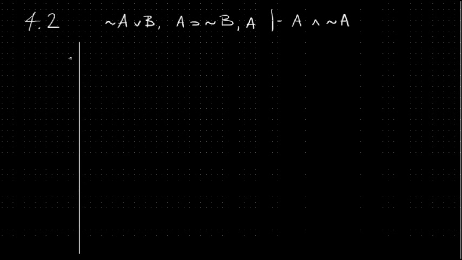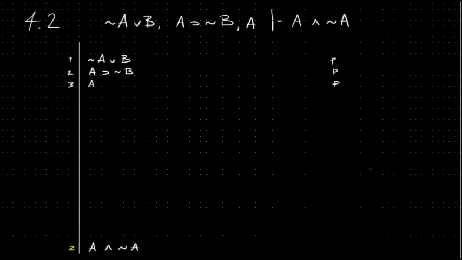So line 1 we're going to have not A or B, sorry, 2 is going to be A then not B, 3 is A, those are all premises, and then we're working towards this conclusion. Let's just put a Z here so we know this is our conclusion, and that's A and not A.